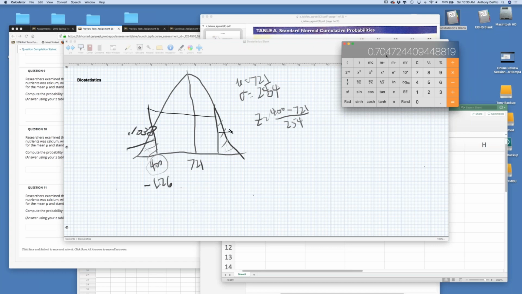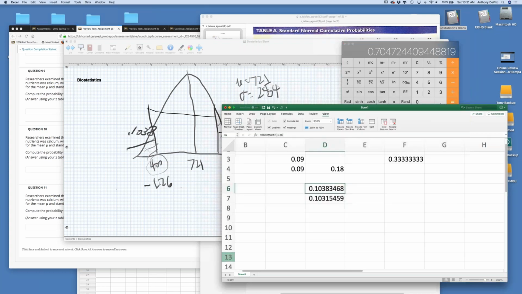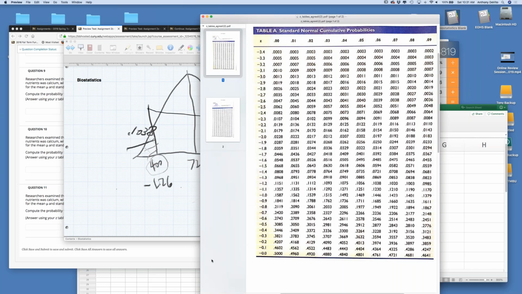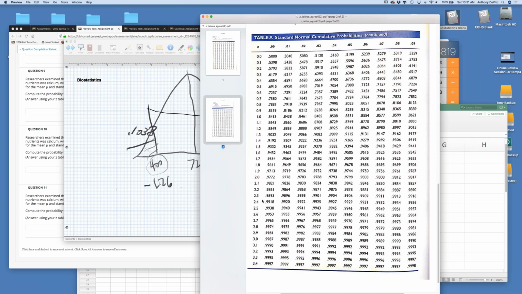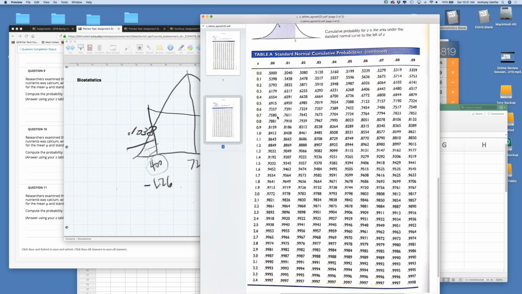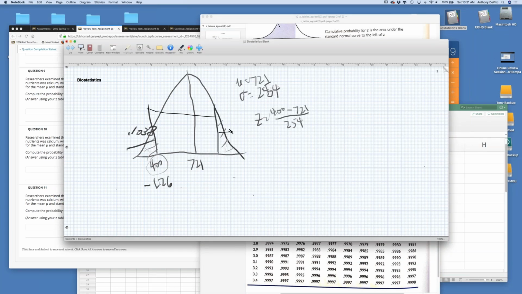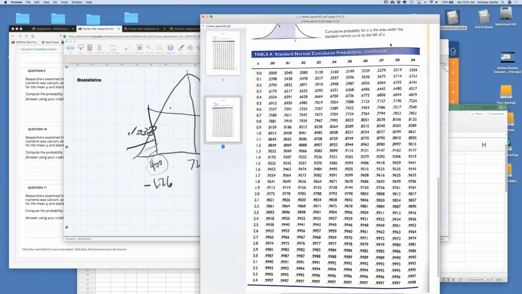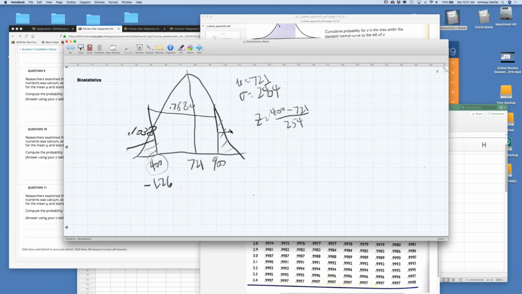I'm going to stop there because I'm going to use my table. A positive 0.70 is 75.8%, or 0.7580. So the area to the left of 900 is 0.7580.